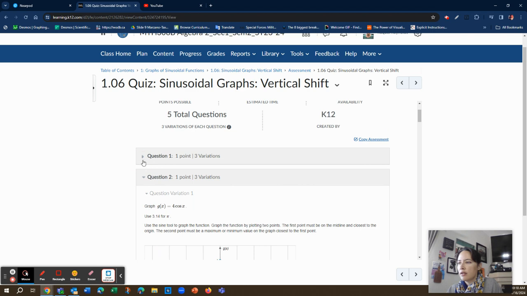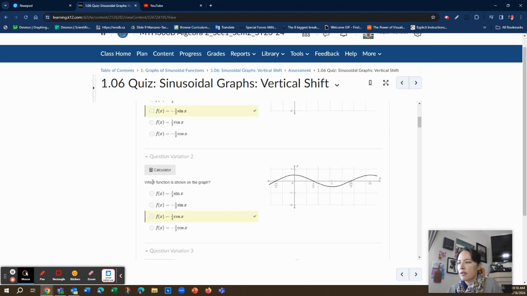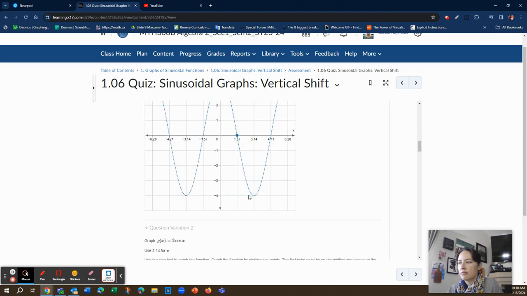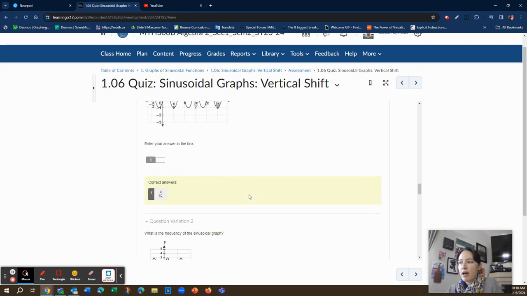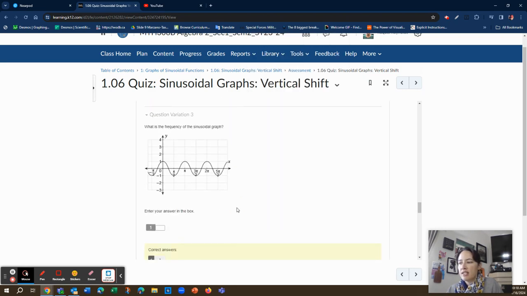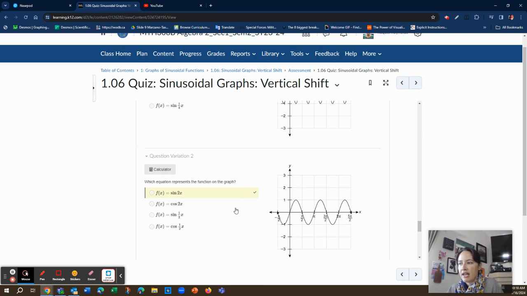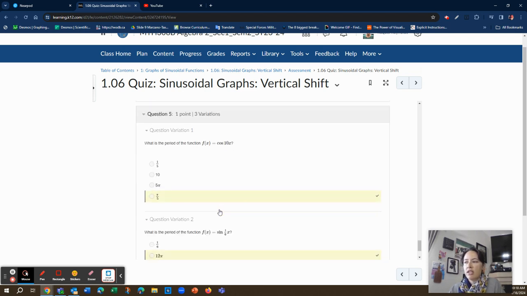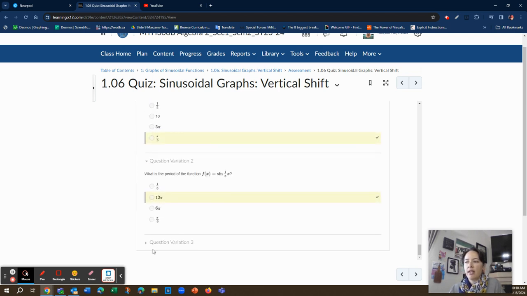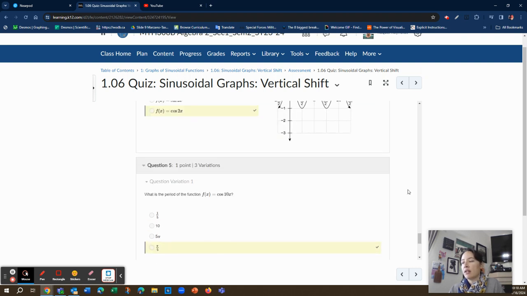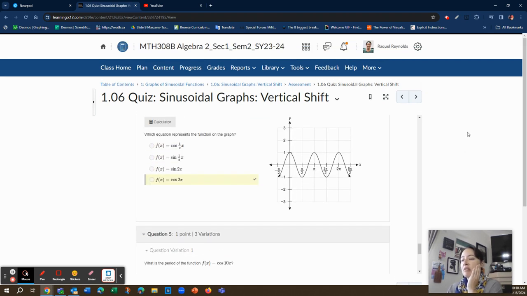Nope. No. Okay. So if you want to pause and try to see all of these, none of these have a vertical shift. All of these have to do with either the period, the frequency, or the amplitude of the graph, or not even really the amplitude. That's really interesting.